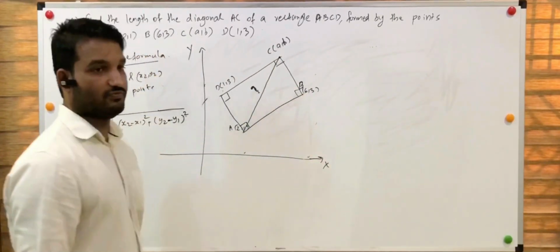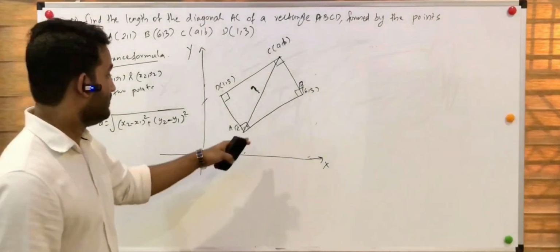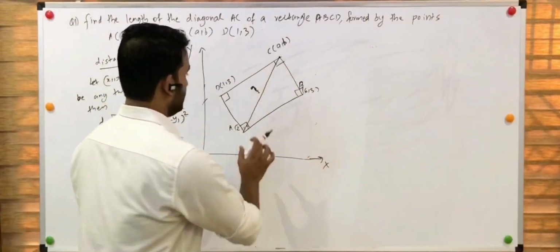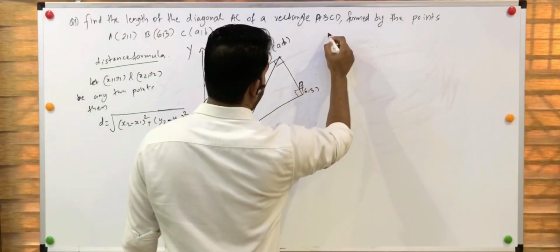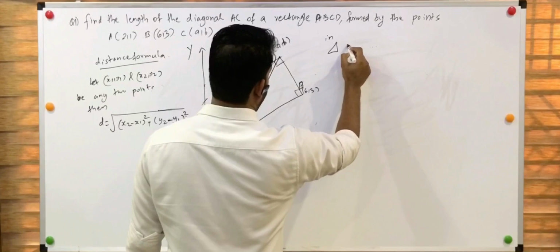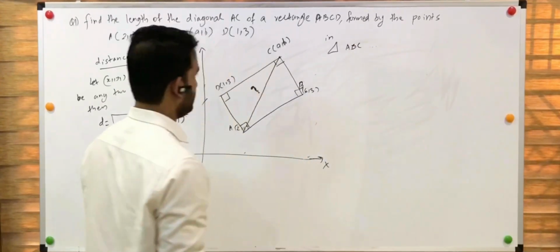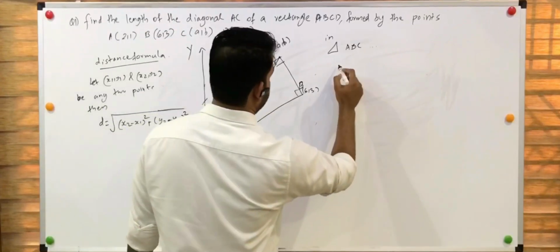Pythagoras theorem for a right angled triangle. What is Pythagoras theorem? If we consider right angled triangle ABC, we can write Pythagoras theorem.